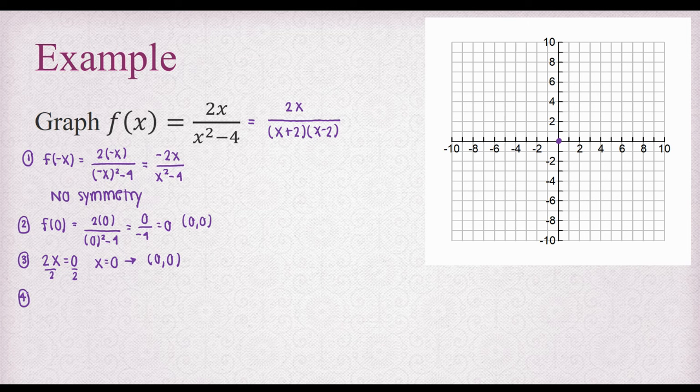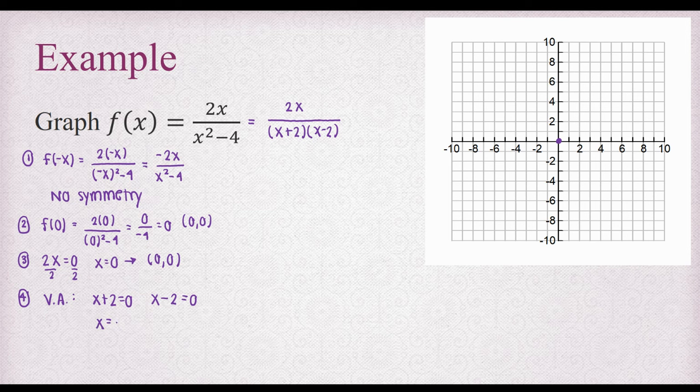I need to draw in vertical asymptotes. So remember, vertical asymptotes take place by looking at your denominator and never having your denominator turn into 0. I'm going to look at my factored denominator and set each of those factors with an x equal to 0. Because I've got 2 different factors, I've got 2 different equations, so I'll have 2 different vertical asymptotes.